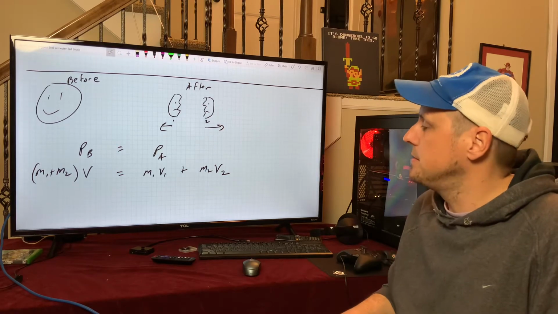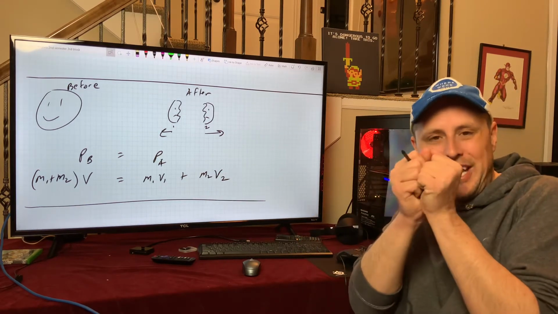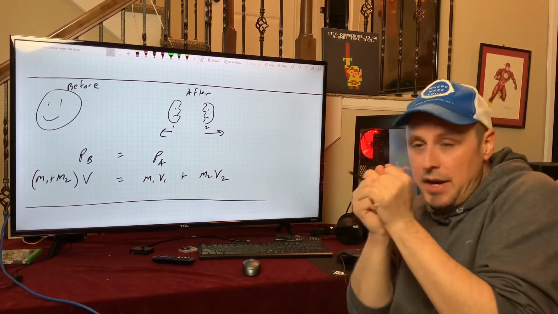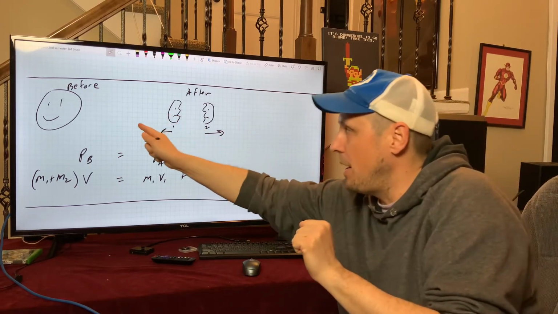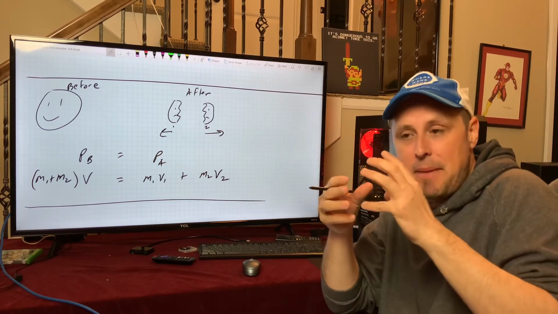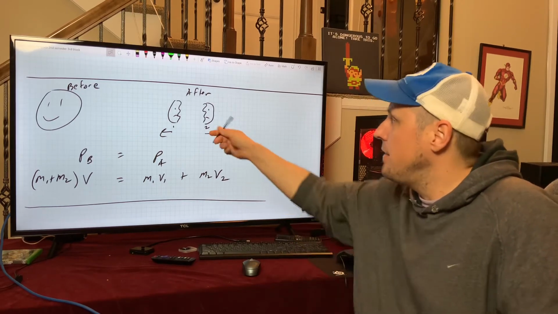So if you have a case where you have two objects that are connected, that might seem like two separate objects, or if it's one object like this that's going to explode, but if they're stuck together somehow, that would mean you'd have one thing in the before picture, and then after whatever happens, if they fly apart and they're no longer attached to each other, that would be two objects.